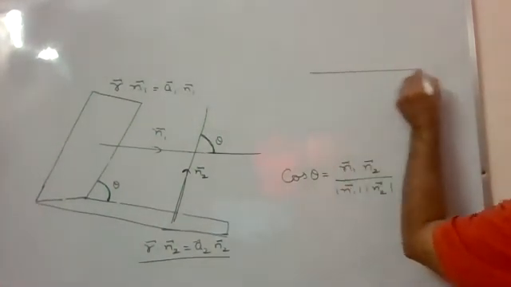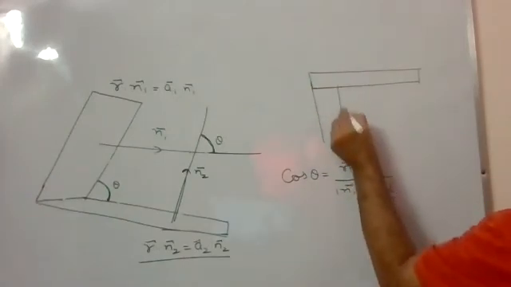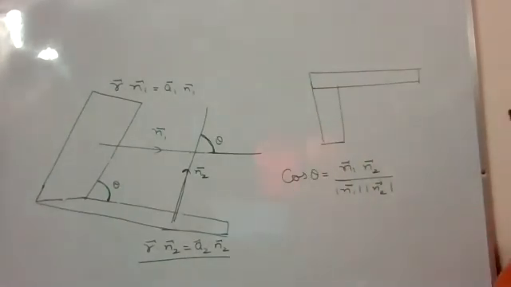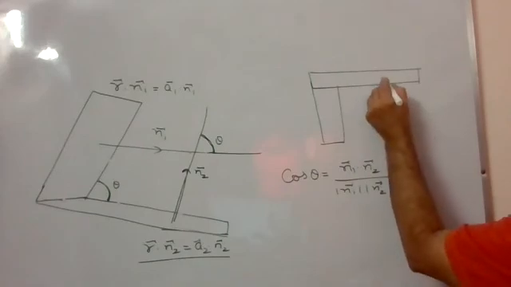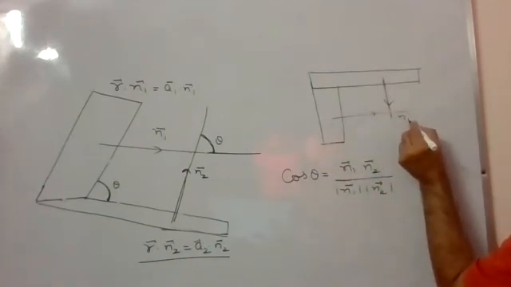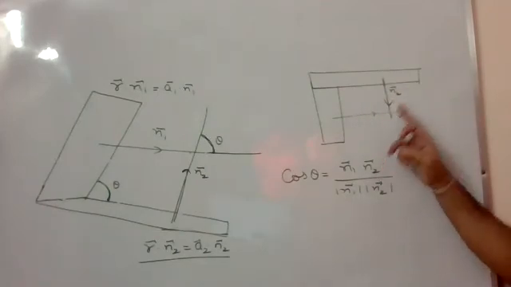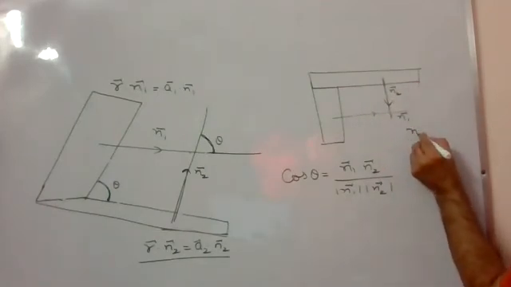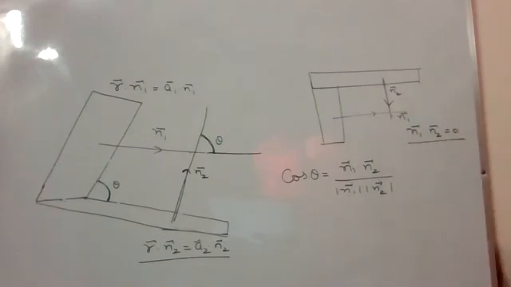By the way, if the two planes are perpendicular to each other, then the normal of one and the normal of the other will also be perpendicular. n1 and n2 will be perpendicular, and then n1 dot n2 comes out to be 0.